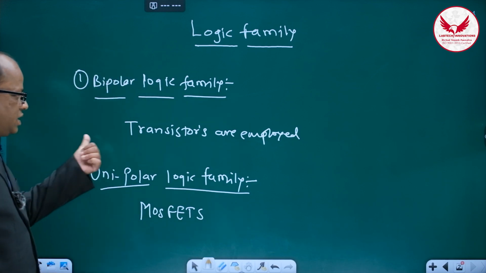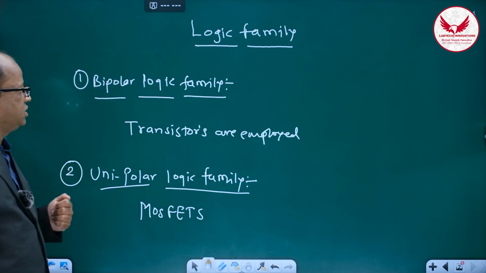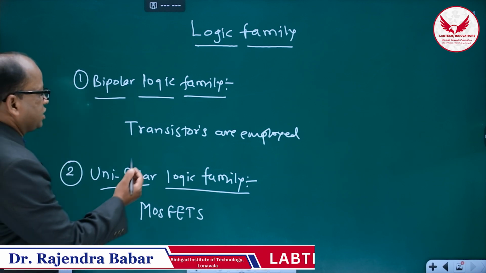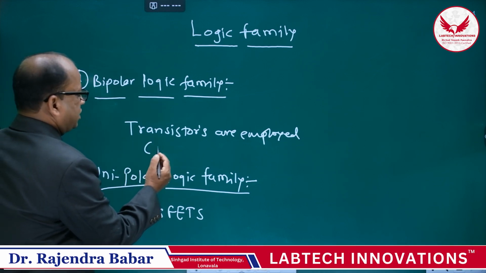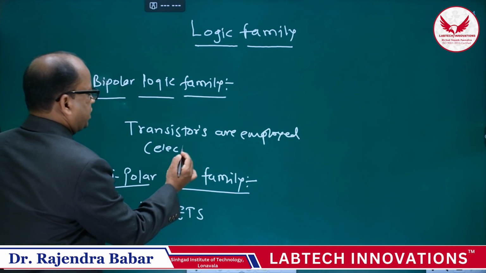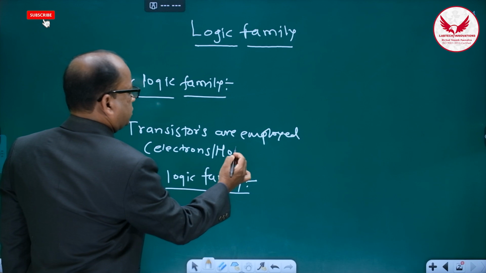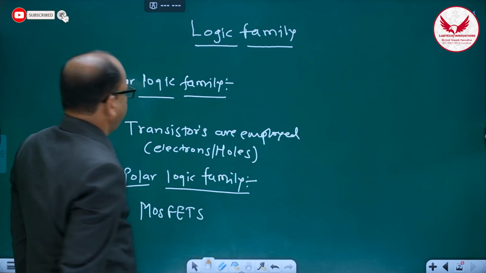So here transistors are used, so that's why it is bipolar. Why bipolar? Because we know that in transistors, current conduction is due to electrons and holes. That's why it is bipolar.